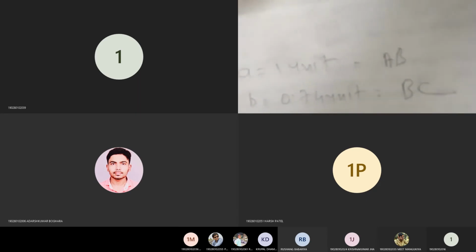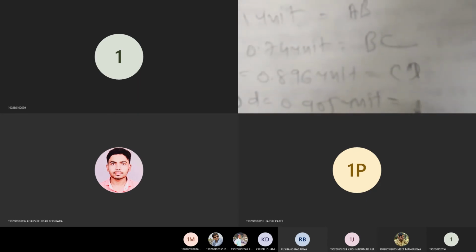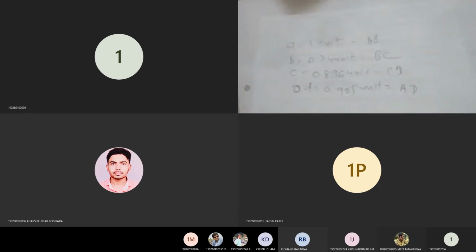Small c is equal to 0.896 unit, or we consider that CD is equal to 0.896, and small d is equal to 0.905 unit, or we consider that capital AD is equal to 0.905 unit.